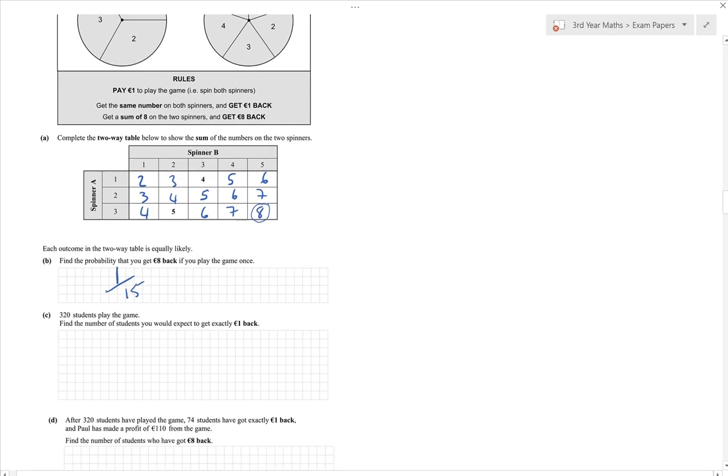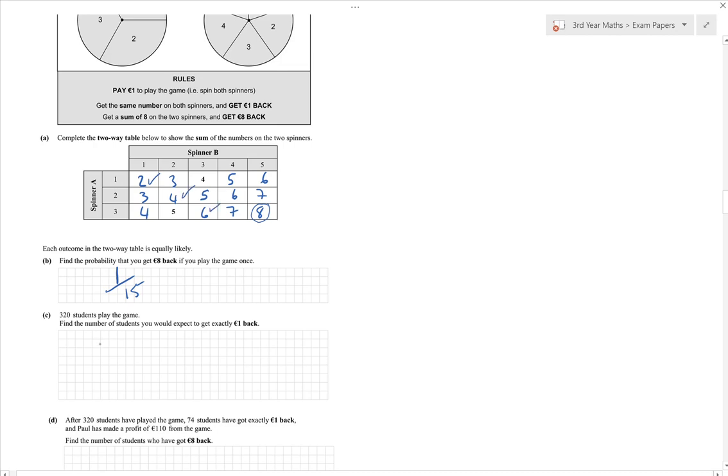Okay. The next thing it says is 320 students play the game. Find the number of students you would expect to get €1 back. So you get €1 back if you get the same number on both spinners. So that's getting a 1 and a 1, a 2 and a 2, or a 3 and a 3.